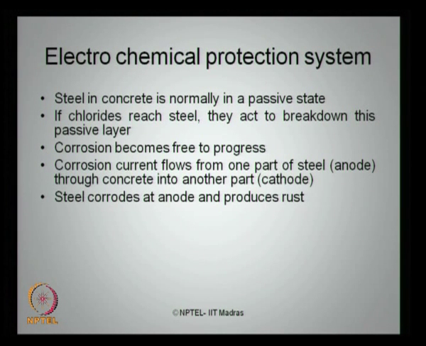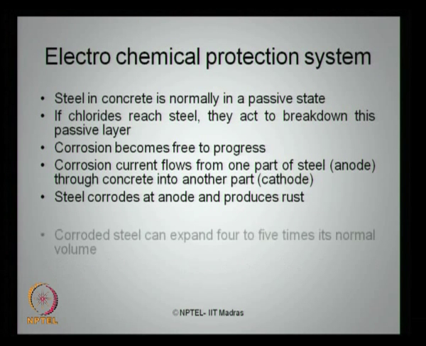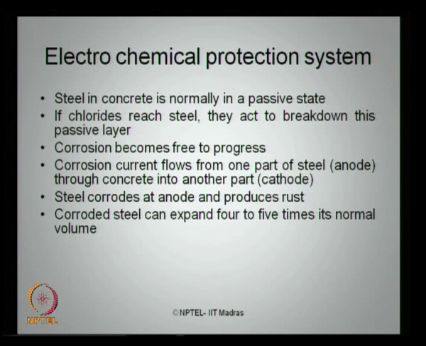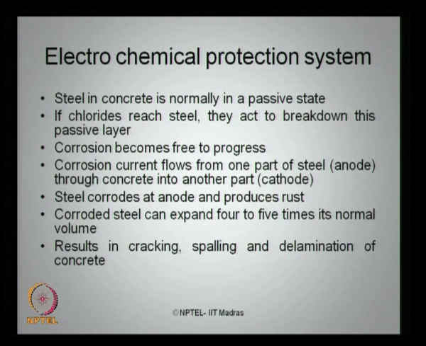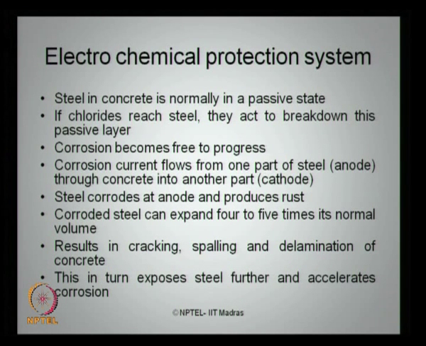So, steel corrodes at the anode and produces rust. Corroded steel then can expand 4 to 5 times its normal volume, which cracks concrete and also results in spalling and delamination of concrete. This in turn exposes steel further and accelerates the corrosion process.